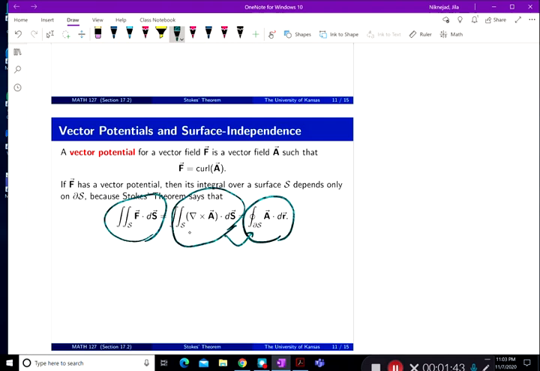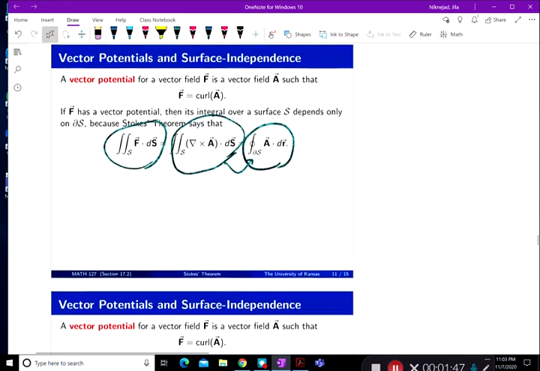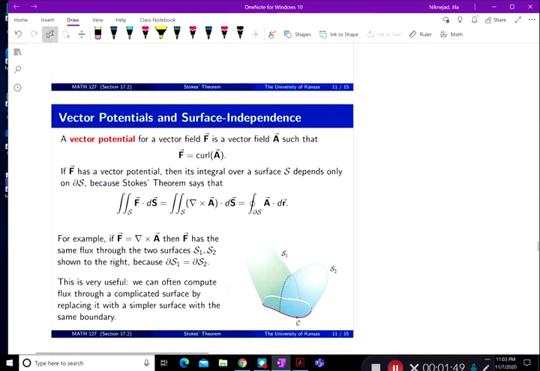We wonder if we can swap a surface for another and compute the surface integral in an easier way. And so here's an example. Look at the surface S1 and surface S2. Both of them have the boundary in common.